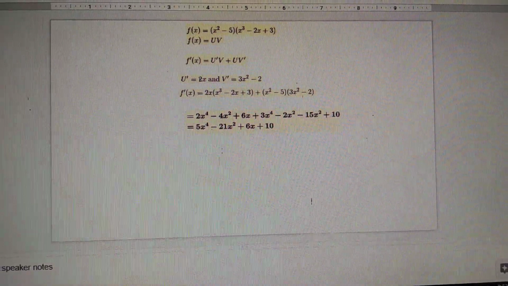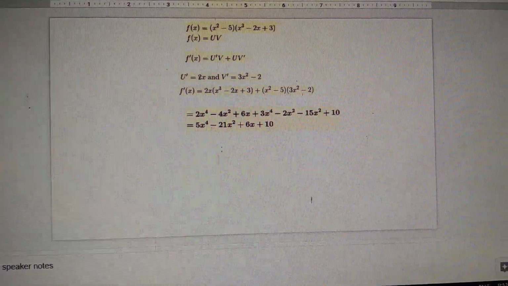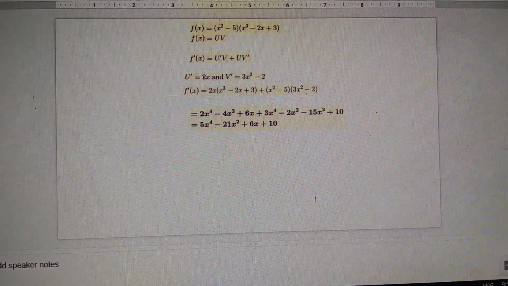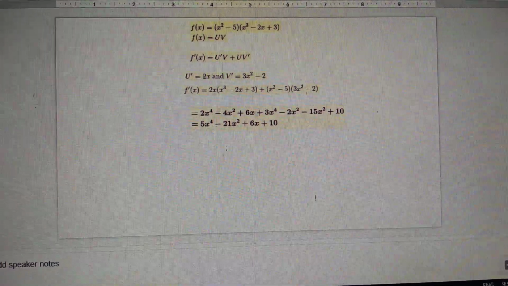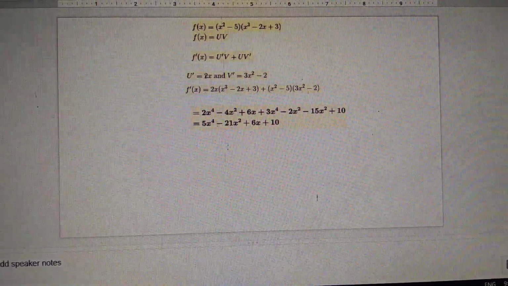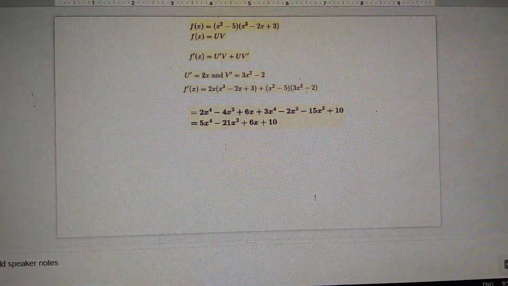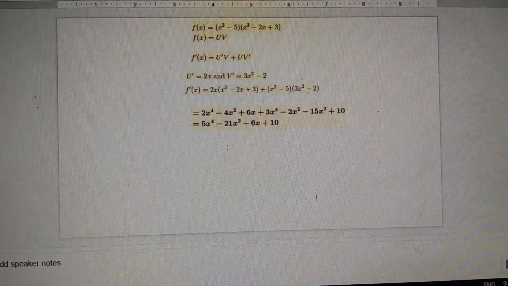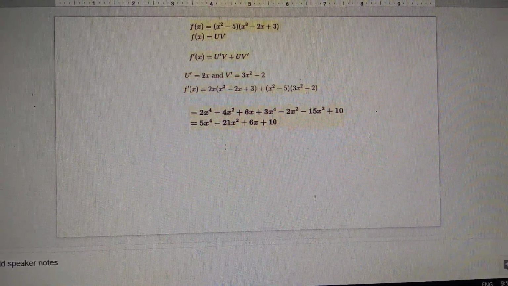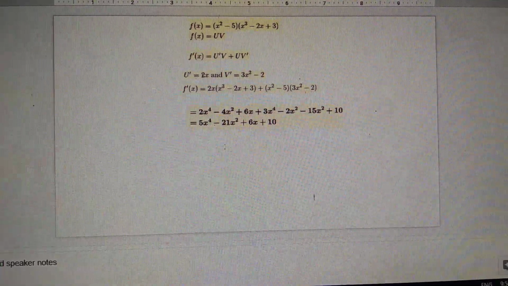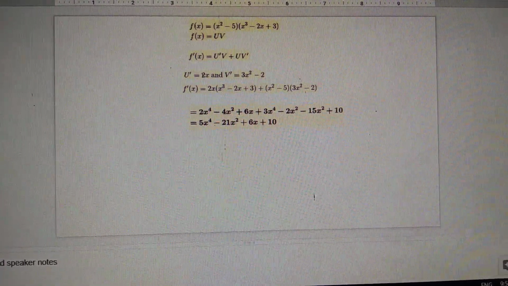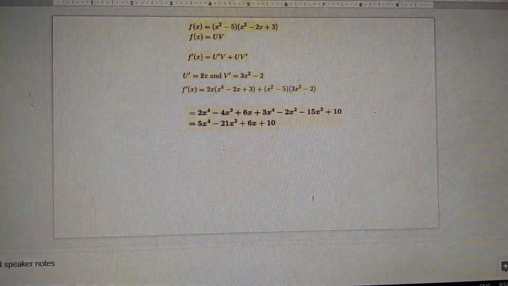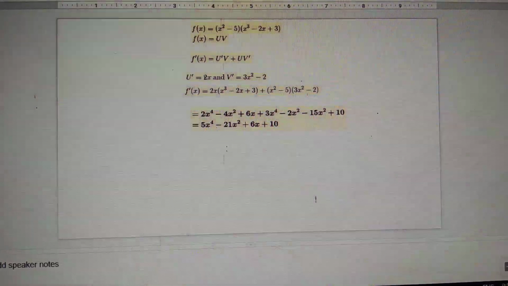Now the derivative of u is 2x and the derivative of v is 3x square minus 2. Applying the product law, the derivative of f is derivative of u into v plus derivative of v into u. Finally the answer is 5x raised to 4 minus 21x square plus 6x plus 10.